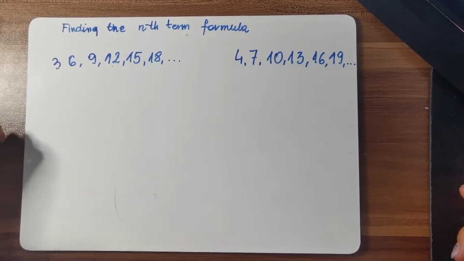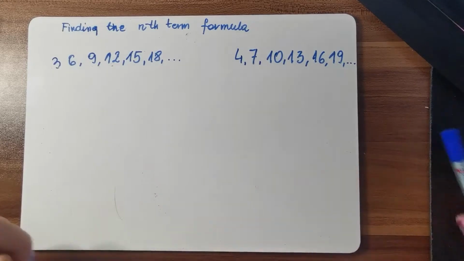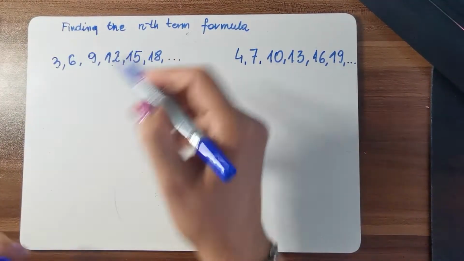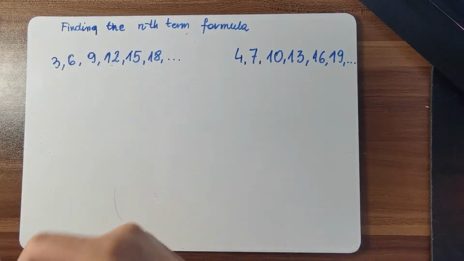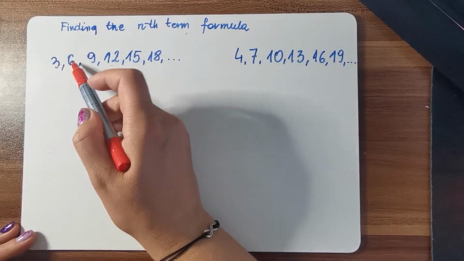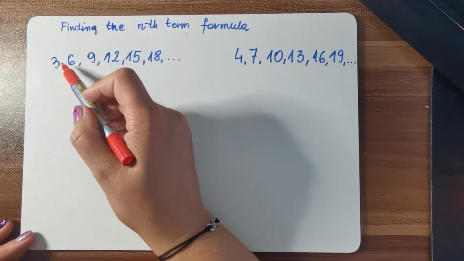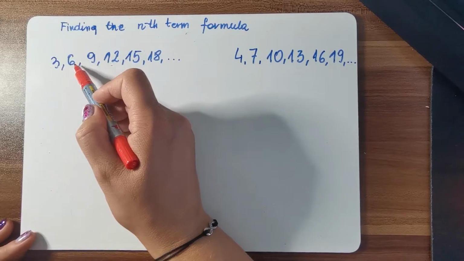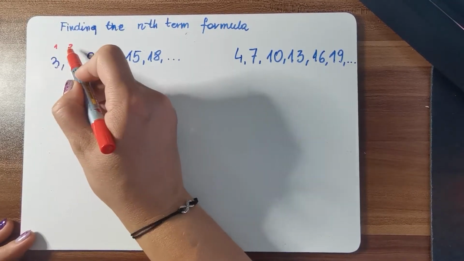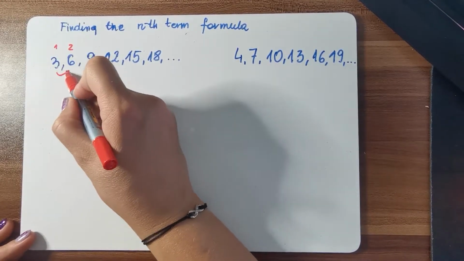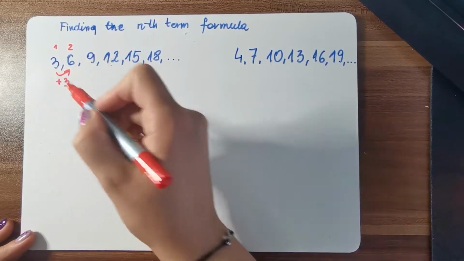So we are trying to find the difference between the terms in our sequence. The difference between 3 and 6 is 3. It means that to get the second term, I need to add 3.